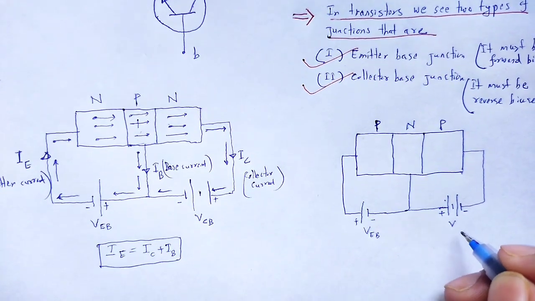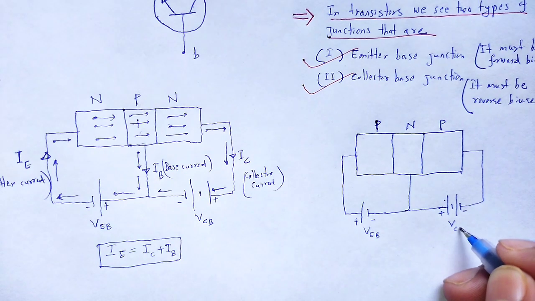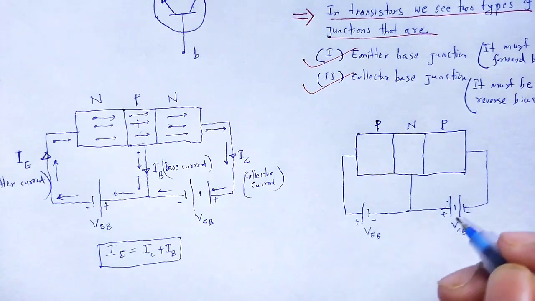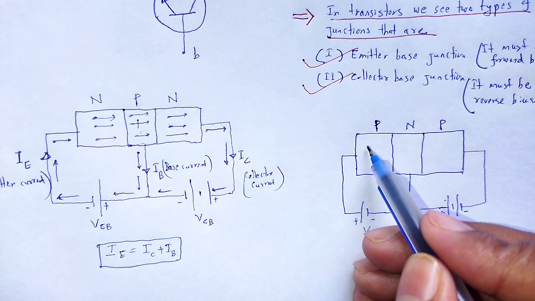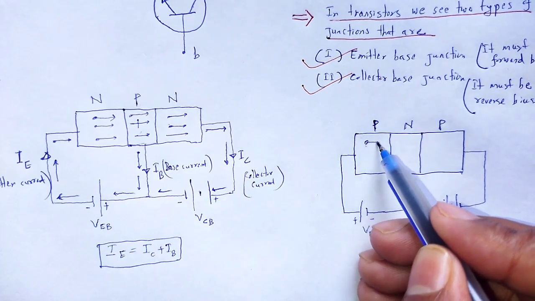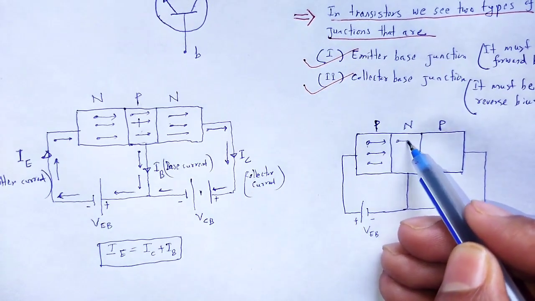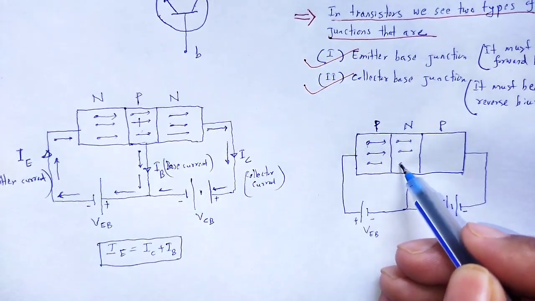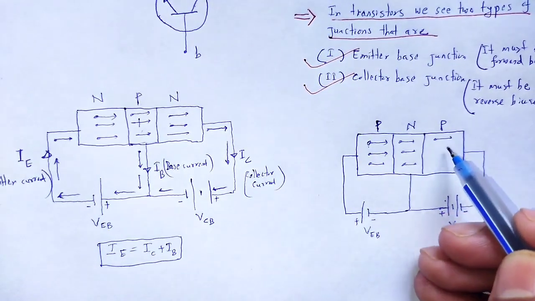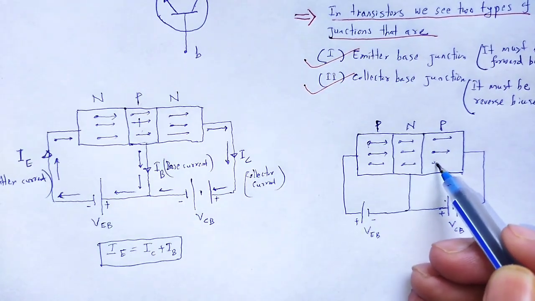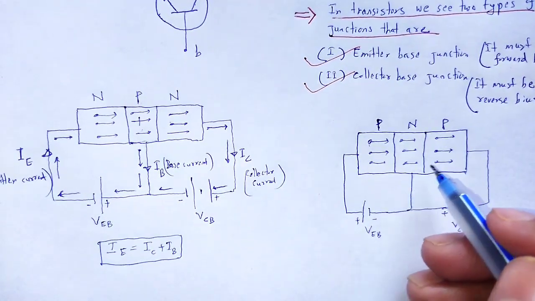The collector base voltage is VCB. Here the majority charge carriers are holes.